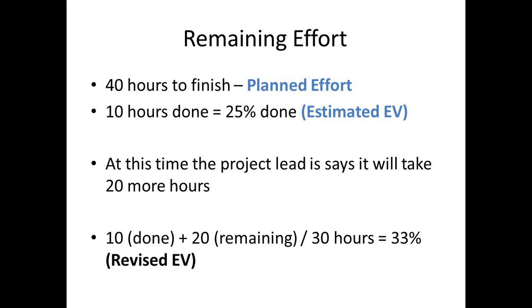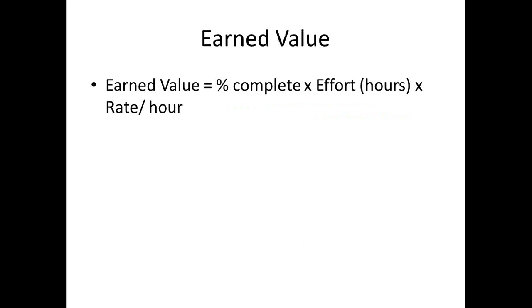So when you begin any activity, you actually don't finish as per the planned effort. You may have a variance, and you're revising your earned value as you go on. So what's earned value? Let's take a quick look at that again. Earned value is equal to your percent complete, how much effort you've completed, and you multiply that by the effort, how many hours you put in, and you multiply that by the rate per hour.